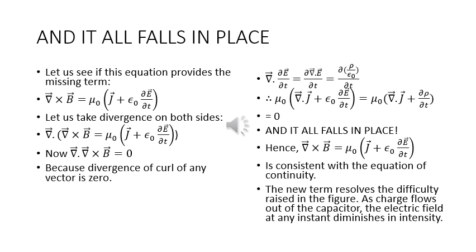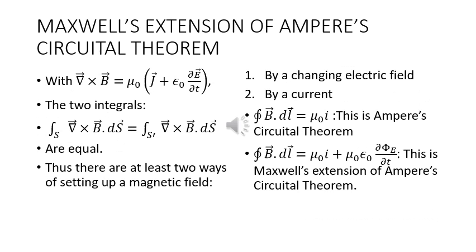The new term resolves the difficulty raised in the figure. As charge flows out of the capacitor, the electric field at any instant diminishes in intensity. With curl of B equal to mu 0 j plus epsilon 0 delta E by delta T, the two integrals over S and S prime are equal. Thus, there are at least two ways of setting up a magnetic field: one, by a changing electric field, and two, by a current.